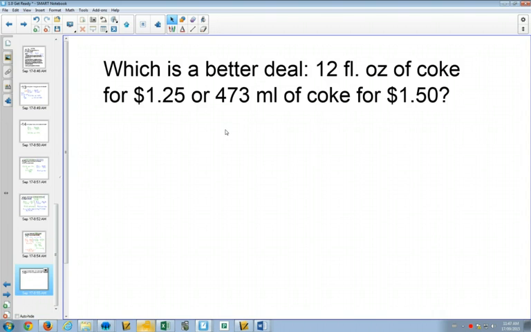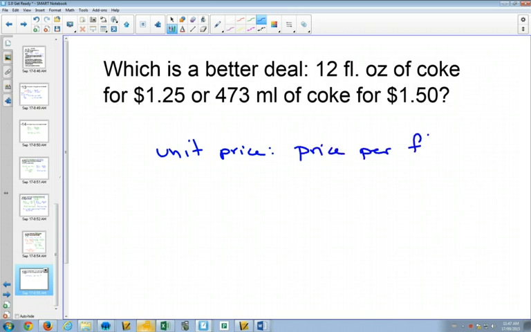Let's pick our unit price. Do you want to find price per fluid ounce, or do you want to find price per 1 milliliter? Okay, so let's find the price per fluid ounce.